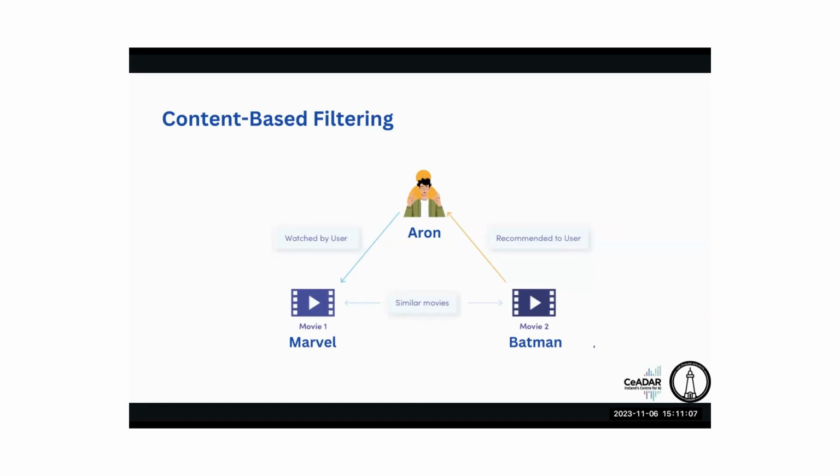Now the content-based filtering will dig more into the similarity to that movie, Marvel, and will give a recommendation that he can also watch a Batman movie. That's how content-based filtering works, based on the different content a person has used and how it's utilized in terms of recommendation to another person.